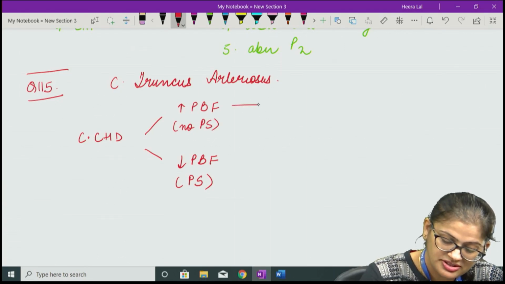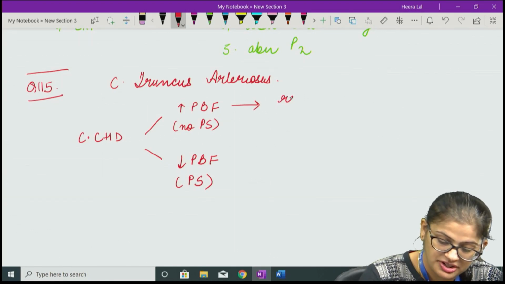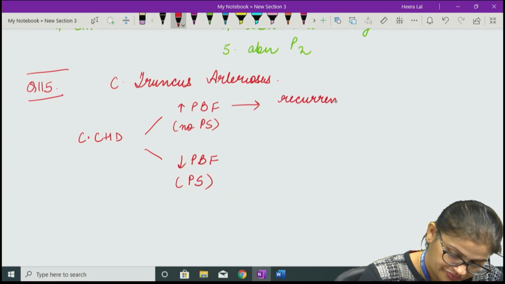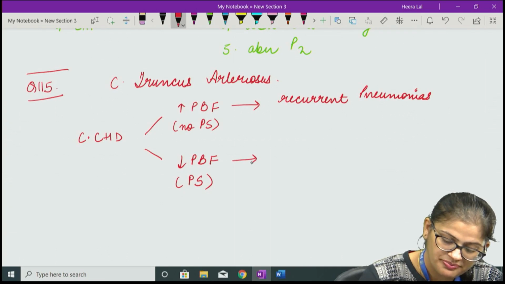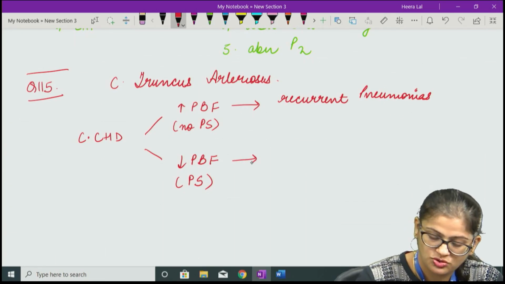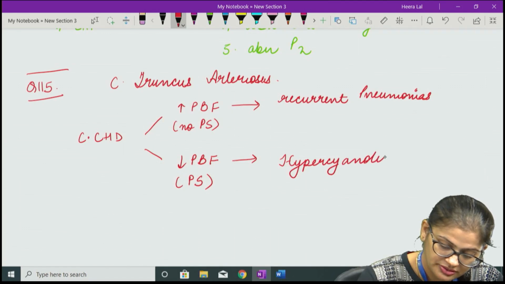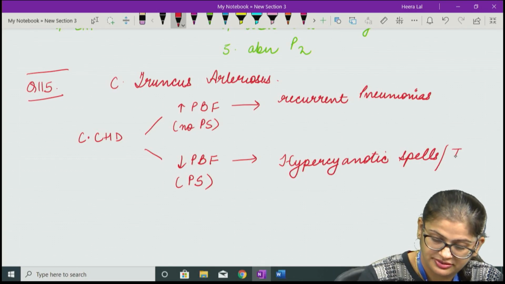So these conditions which have increased pulmonary blood flow will result in recurrent pneumonias. And these conditions with decreased pulmonary blood flow, which also have pulmonary stenosis, will result in hypercyanotic spells, or TET spells.